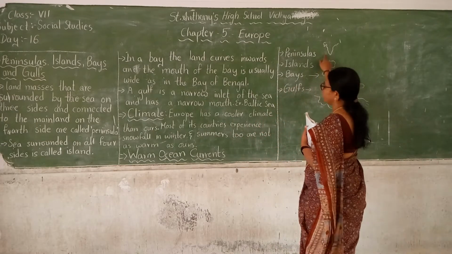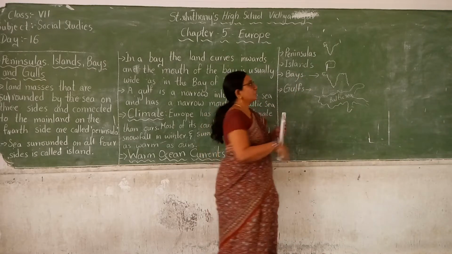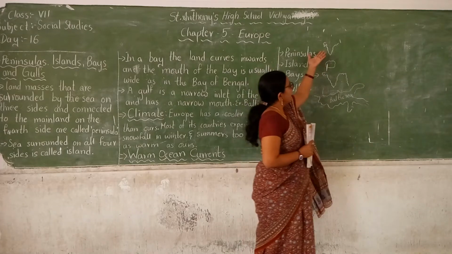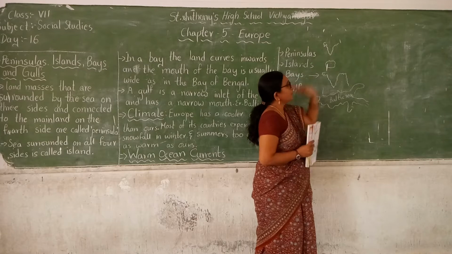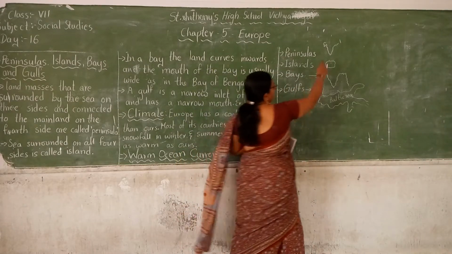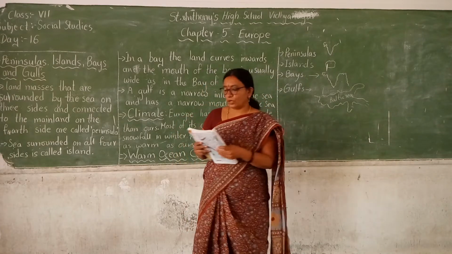You can observe here that I have drawn India, which is also a peninsula, connected on the fourth side with the Asian continent. You can observe that three sides are covered with sea water. That is the reason India is said to be a peninsula, covered on three sides with water.